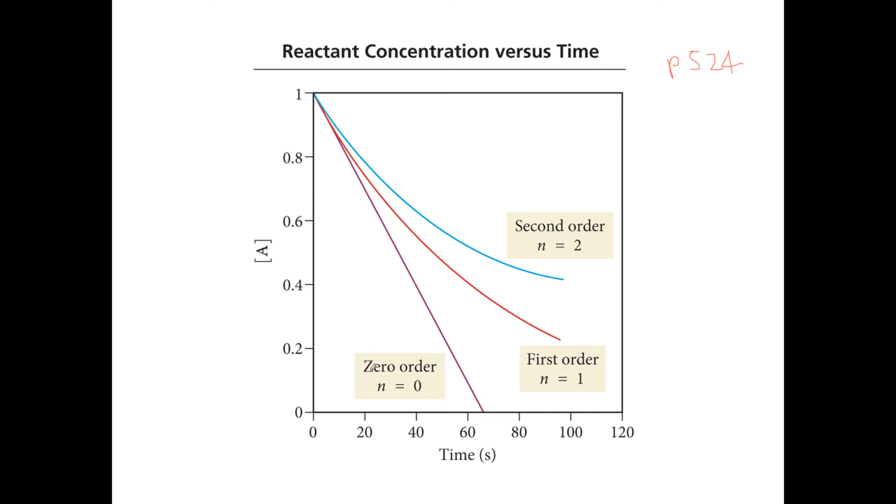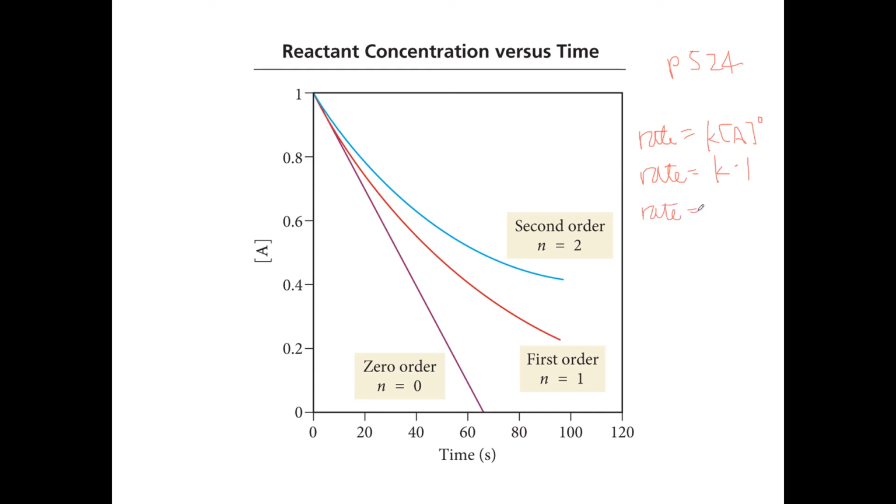It's not a real big deal. If we're talking about some reaction where the rate law is rate equals K times A to the 0, let's say that. If you raise something to the 0th power, anything to the 0th power is 1.